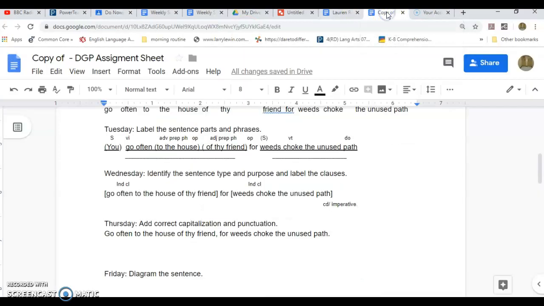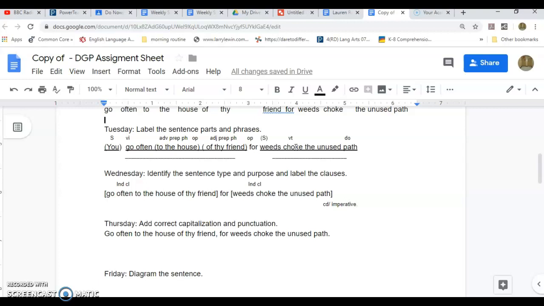I know a lot of you all are like, what are you saying? So let's go. So you go what? Do you have an answer to the what? No. So that makes it intransitive. Let's look over here. Weeds choke what? Path. Very good. So that makes this verb transitive.